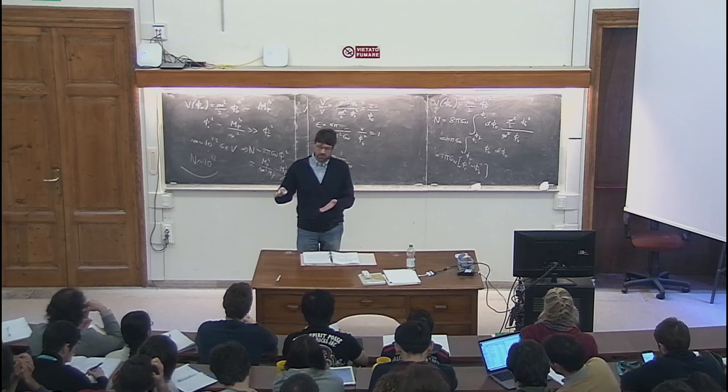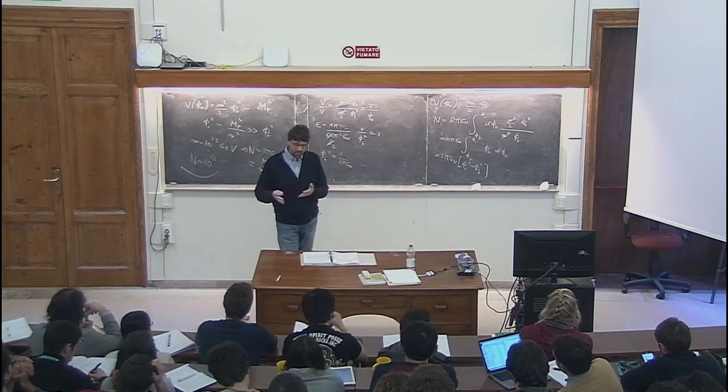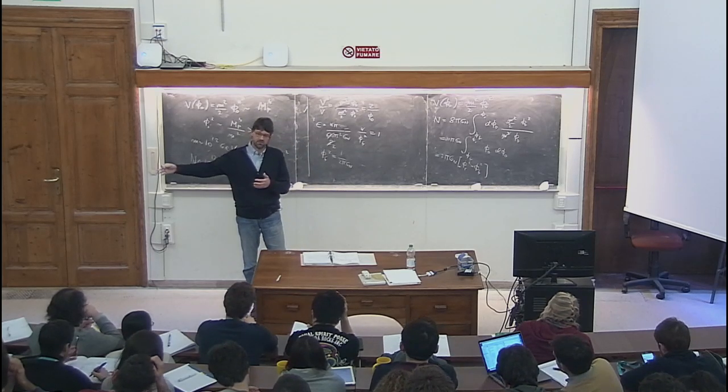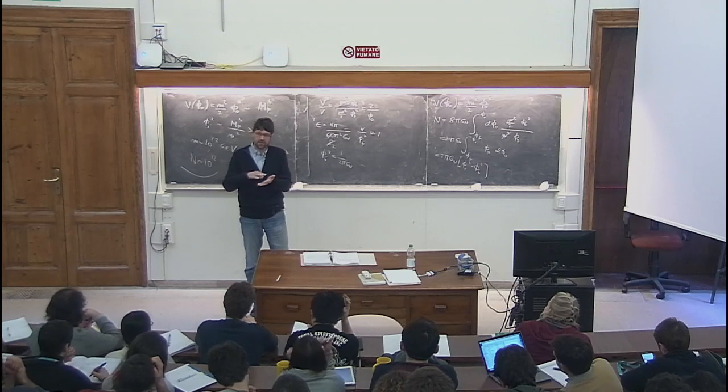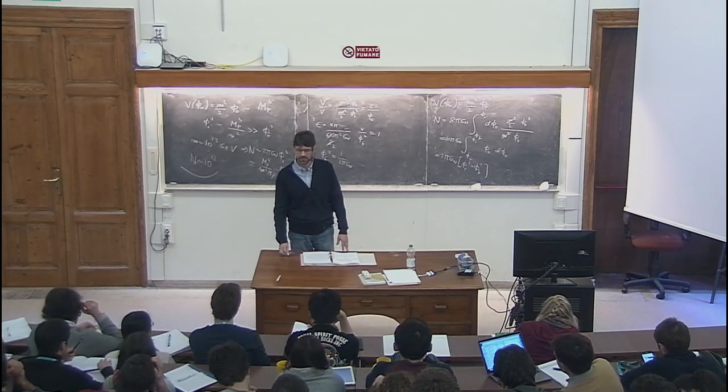Why? Because the potential is not flat enough. Unless you go to some particular region of the Higgs potential at very large values of the field, where maybe there is an inflection point, but you don't get enough e-folds in this case.